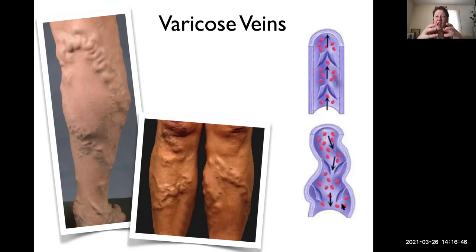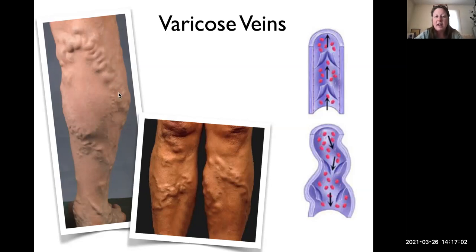As they stretch and become even floppier and even floppier, they begin to fold on themselves. So if you look here, you can see this vein's gotten so stretched that it forms a zigzag pattern.